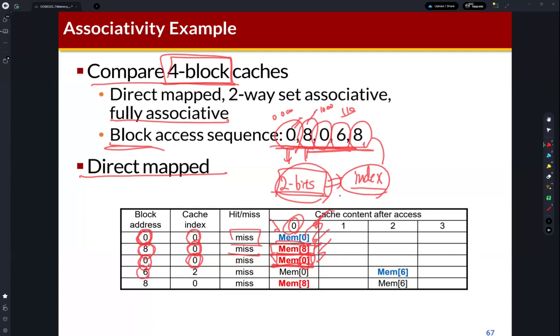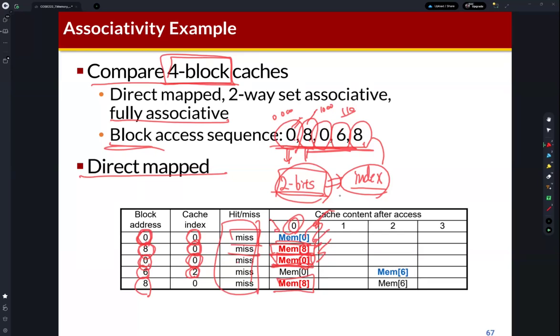And then 6, the target cache index is 2. It's a miss because this is the new access for the block address 6, and the 8 was already evicted here, so it's a miss. What is the result of this cache access?